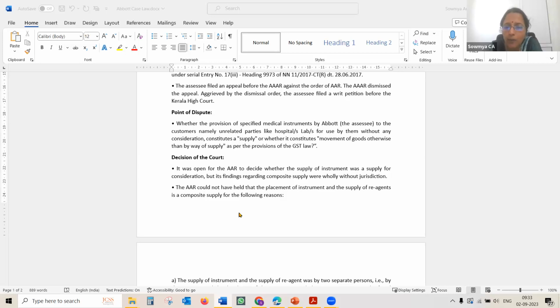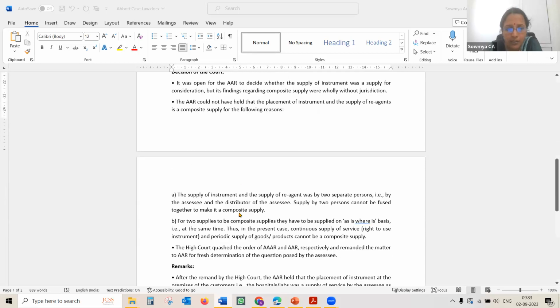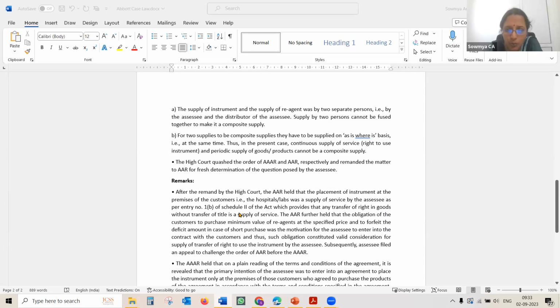So they have wholly misinterpreted the composite supply definition, and they have artificially said that it is a composite supply. The advance ruling could not have held that placement of instrument and supply of reagent is a composite supply for the following reasons. The supply of instrument and supply of reagent was by two separate persons, by the assessee and the distributor of the assessee.